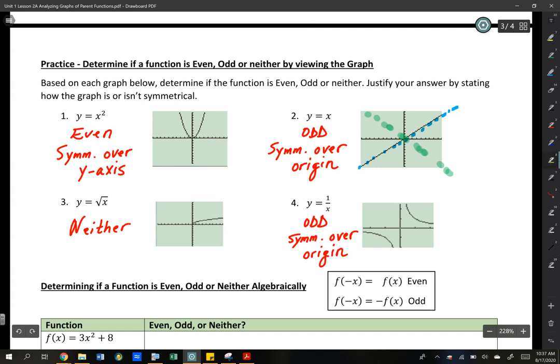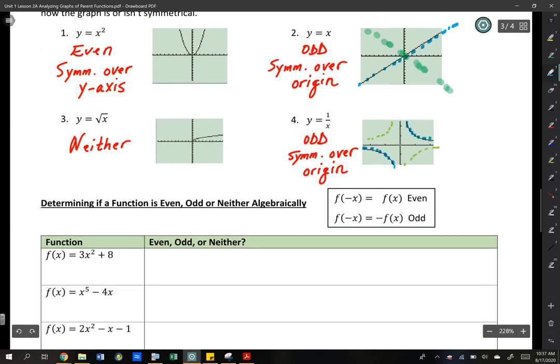Right, so if we reflect over the y-axis, and then we reflect again over the x-axis, we end up with the same graph. All right, so that's really the easiest way to determine symmetry, just by looking at the graph.